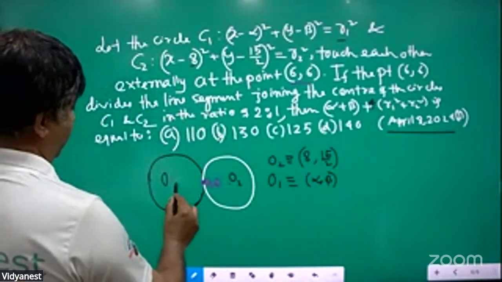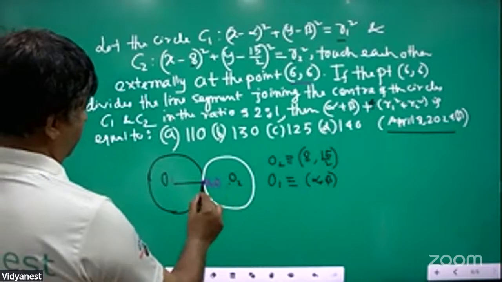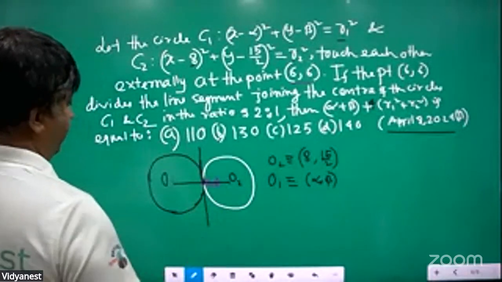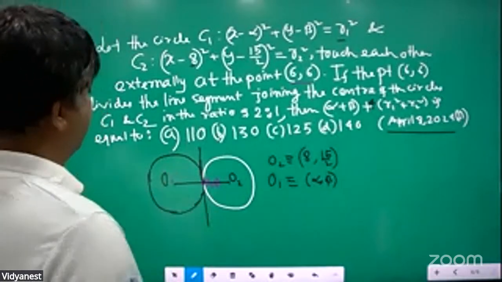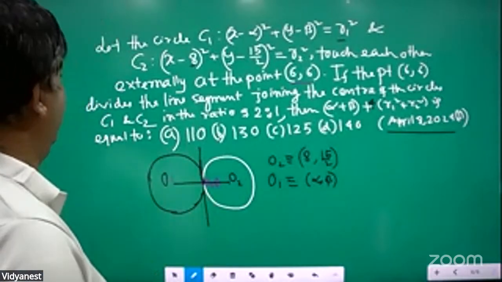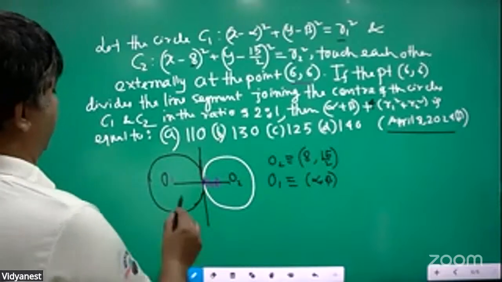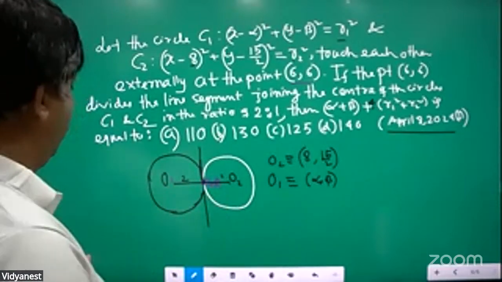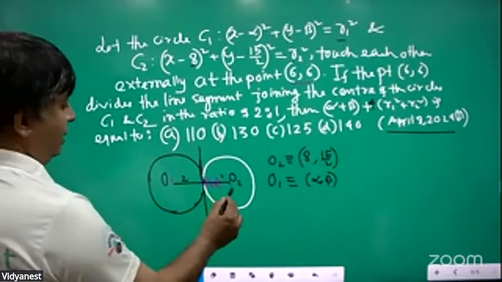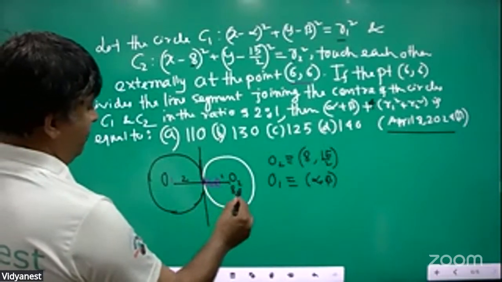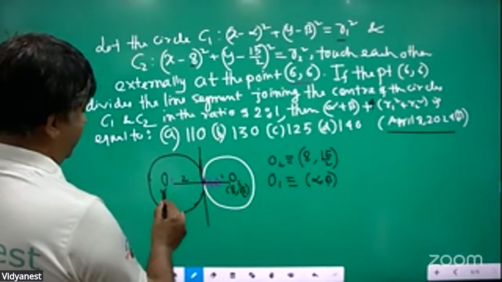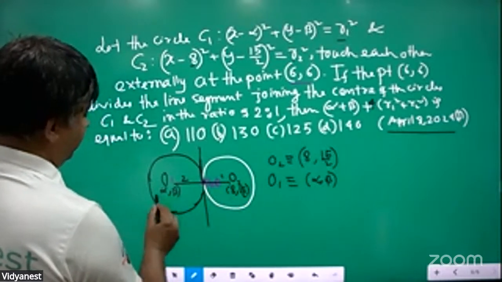Now you join. There is the common tangent. Now that point (6, 6) divides the ratio in 2:1. So this point is (8, 15/2), and this point is (alpha, beta).